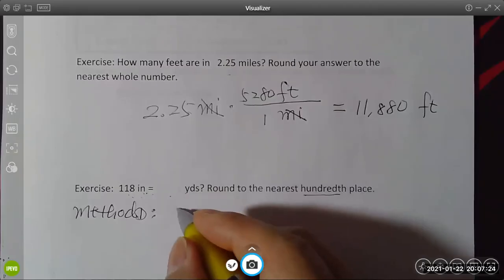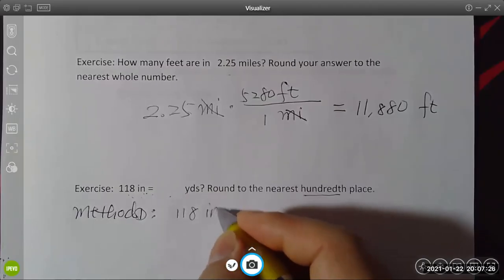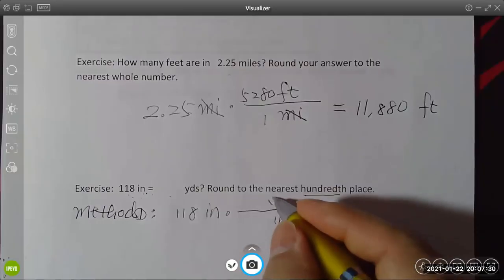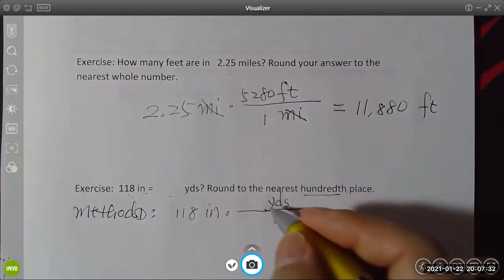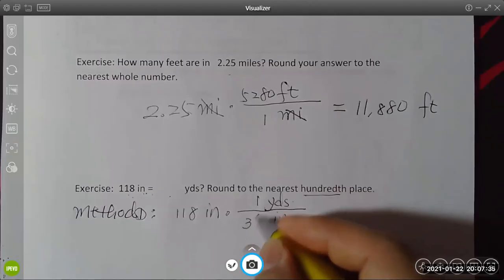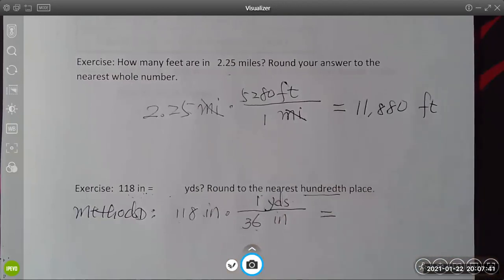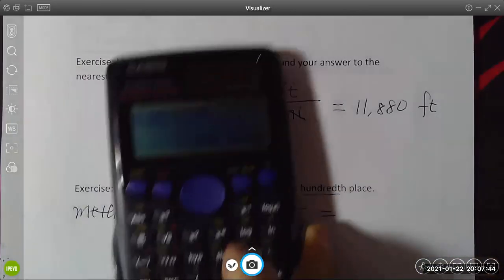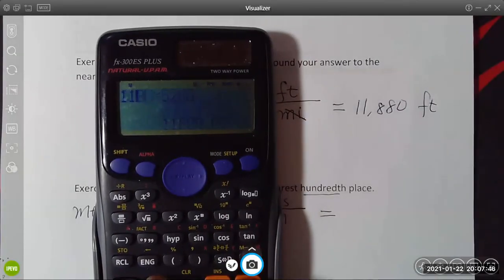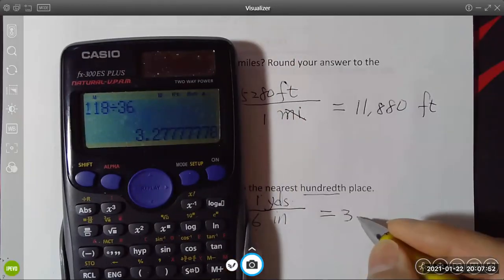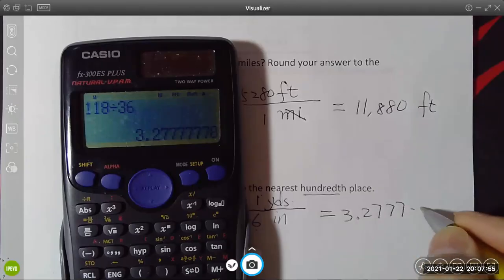Method 1, we start with 118 inches. We want to cancel inch, and we want to get yards. So 1 yard equals 36 inches. Multiply, divide. So 118 multiplied by 1 divided by 36. So basically just 118 divided by 36. We get 3.27 and many sevens, 7, 7, and so on.